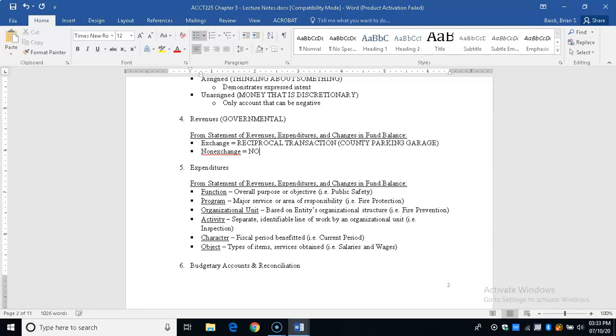Non-exchange is where you have no reciprocal transfer. The classic example is taxes. If you have to pay taxes, the government is getting revenue. They're getting tax revenue. But they're not really providing anything for you specifically for those taxes on the surface, right?